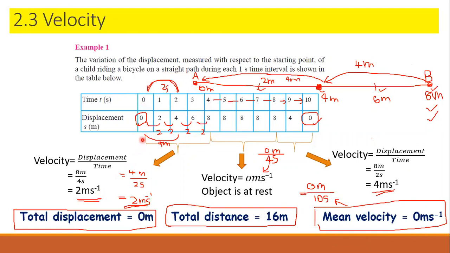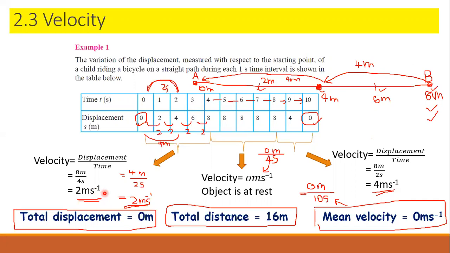So we can tell that in the first 4 seconds, he is moving at a constant velocity of 2 meters per second.